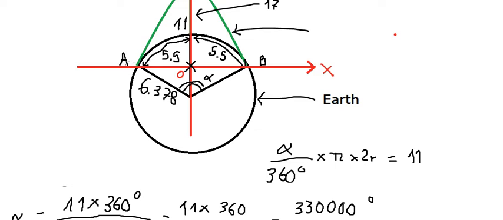Now we want to find the distance AB on the red line. So let C be the center. We have triangle ABC. So we have AC, we have CB, and we have the angle in here. So we can use the formula of the triangle ACB to find the length AB on the red line.